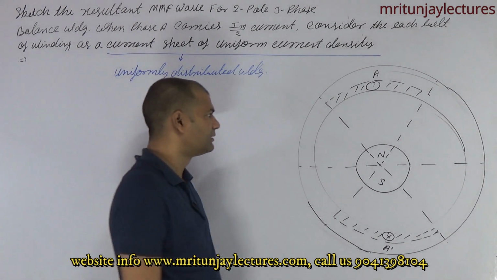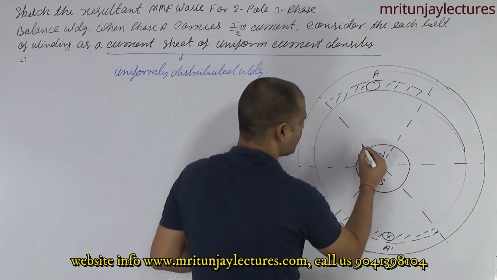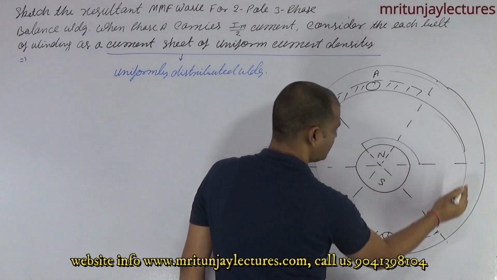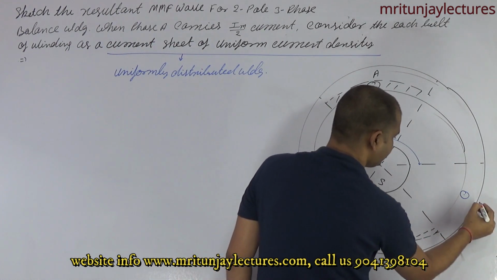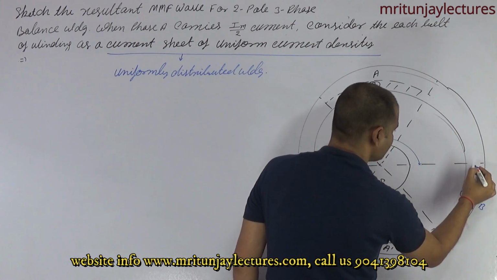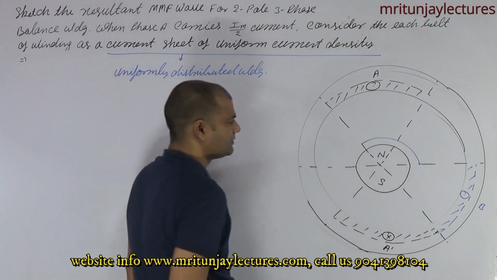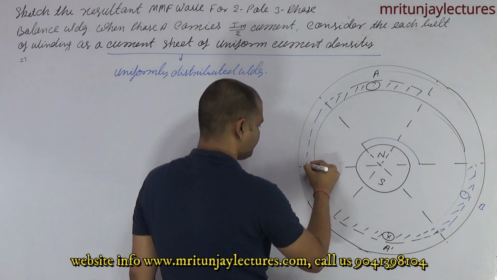After 120 degrees, phase B dot, that is also dot. That is B. And this is also a uniformly distributed winding, that's why like this one. And this is B dash.